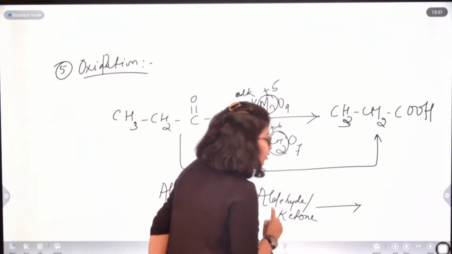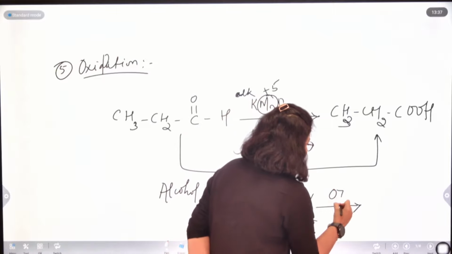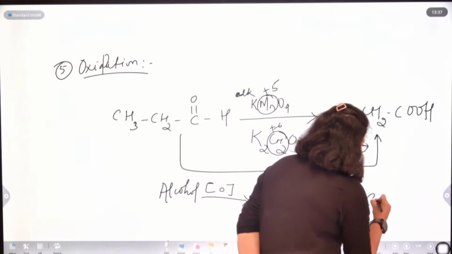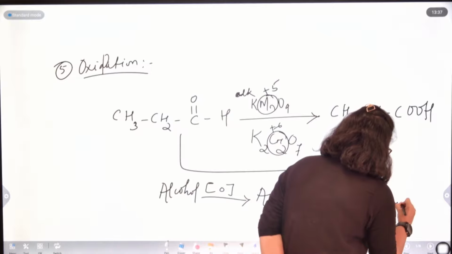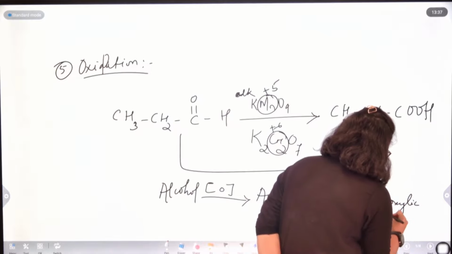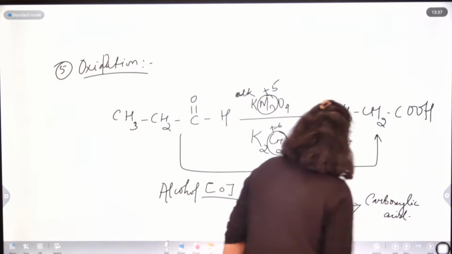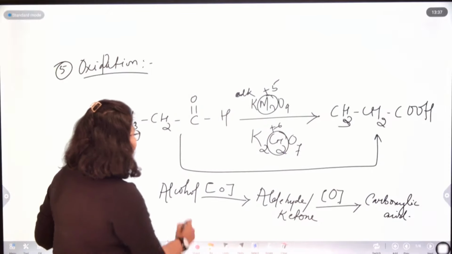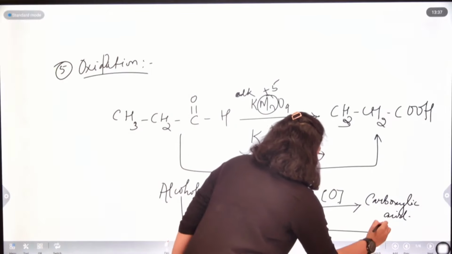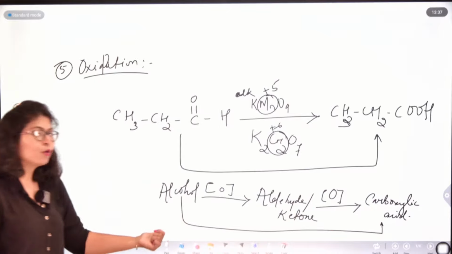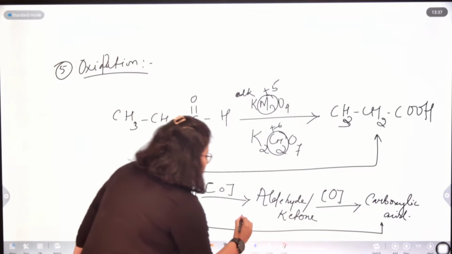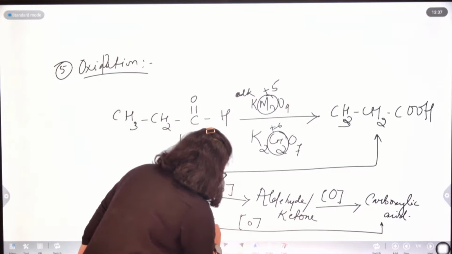And this on further oxidation will form a carboxylic acid. Now, if I'm adding a very strong oxidizing agent, that will directly convert this alcohol to the carboxylic acid.